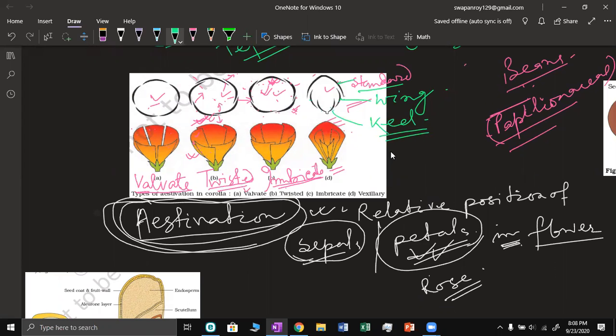This type is the estivation known as vexillary estivation. That's why this large petal is also known as vexillum.